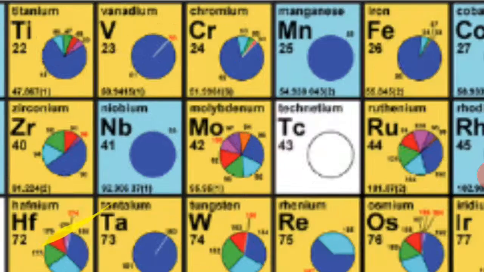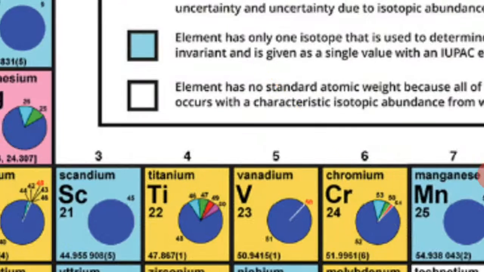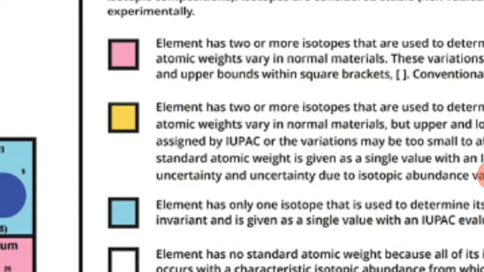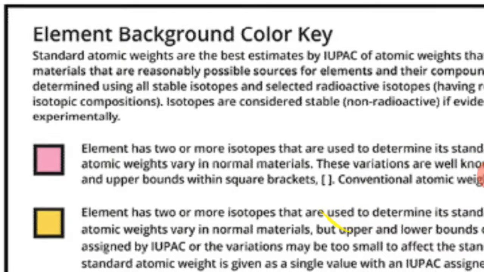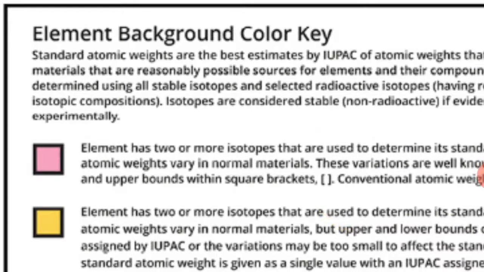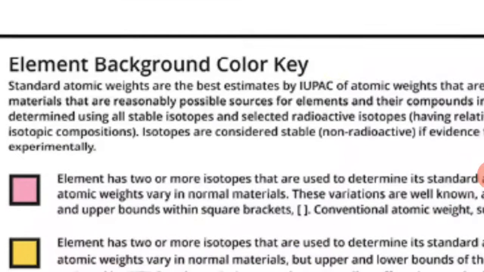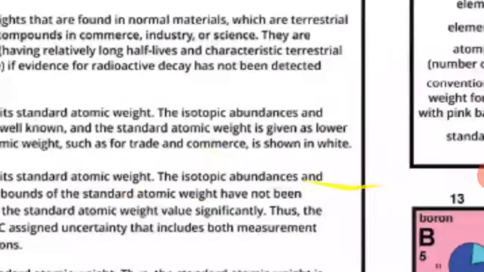Okay, this is the periodic table I have attached. This periodic table gives a very good identification from IUPAC. IUPAC is an organization which gives names to the elements, and they are really working on it.